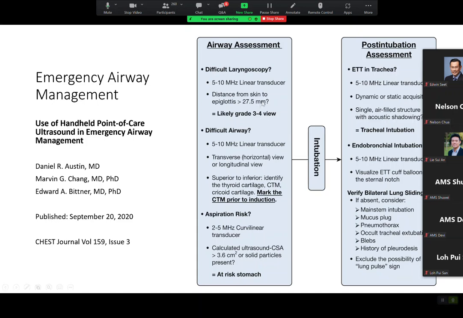So basically looking at the skin to epiglottis distance, marking the cricothyroid membrane before starting anesthesia in a potentially difficult airway. We can also scan the stomach to determine aspiration risk. And post-intubation, we can use ultrasound to determine correct endotracheal tube placement and to verify depth of endotracheal tube placement as well.